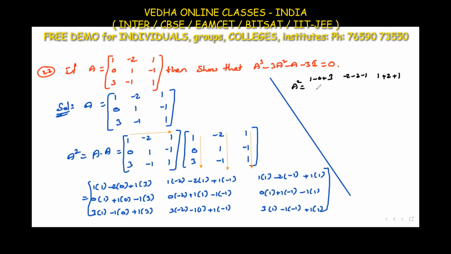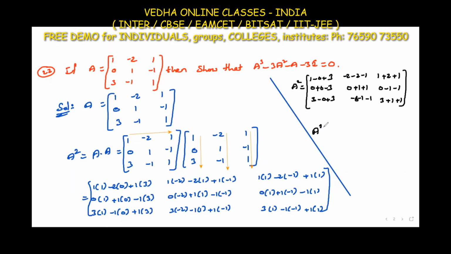Next both are zeros, 0 and 0 and -3. Next 0 plus 1 plus 1. Next 0 minus 1 minus 1. Next 3 minus 0 plus 3, then -6 -1 -1, and 3 plus 1 plus 1.